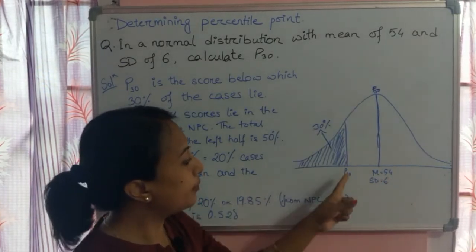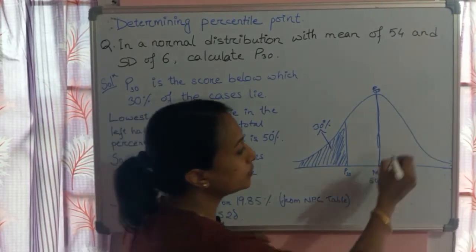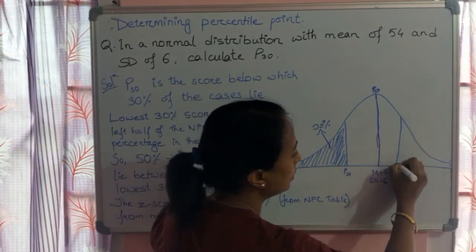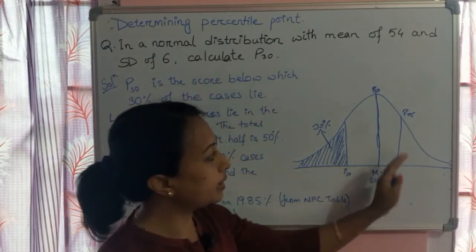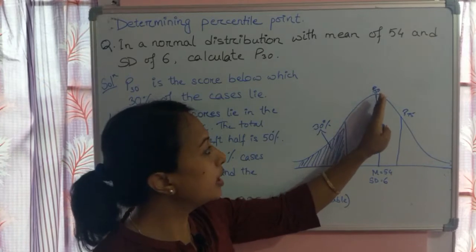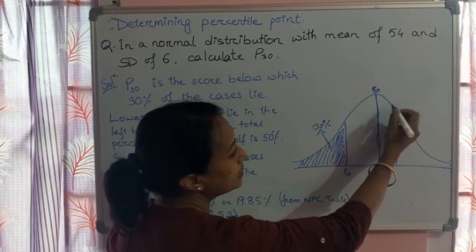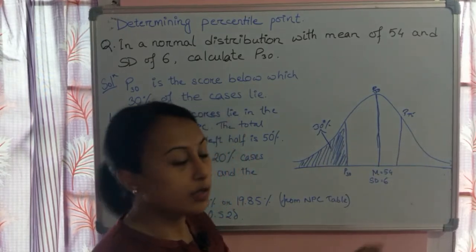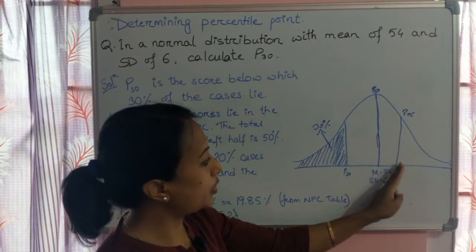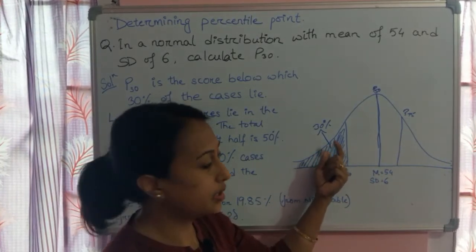But we need P30. Sometimes it will be, suppose, P75. Then P75 will be on this side. P50 is the midpoint, and P75 will be this side. It means the lowest 75%, so we put it where the lowest 75% would be represented.